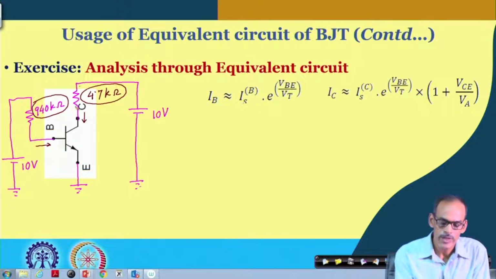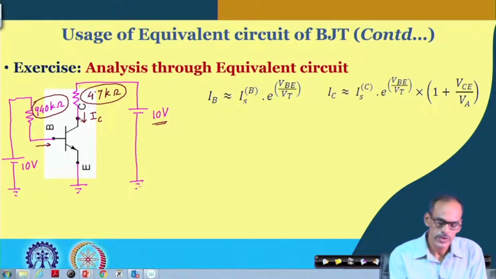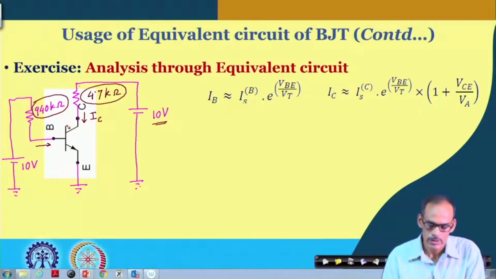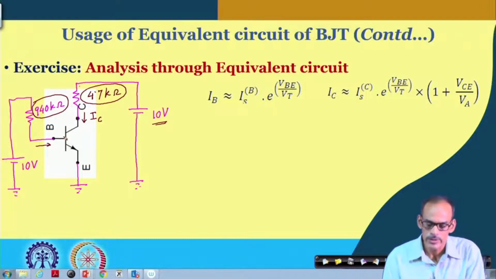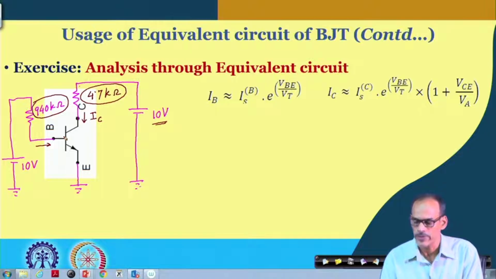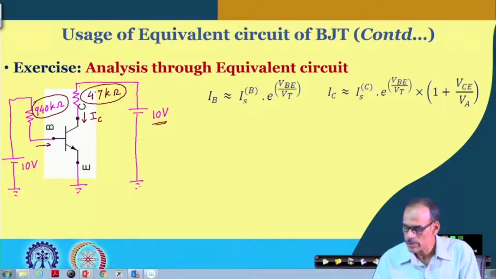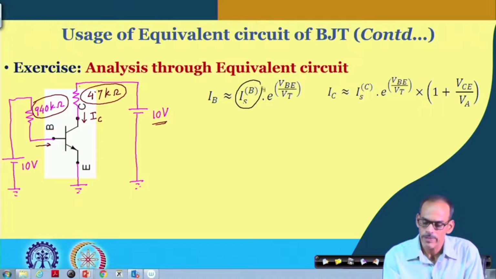So, then there is a drop across this resistance, but for the time being let me assume that this drop, namely 4.7 k multiplied by I c, is less than 10 volt. So, ensuring that this junction is still in the reverse bias condition. So, the device is in the active region. That is the assumption, but at the end we also have to verify. To calculate this one we need some more information, namely this part.